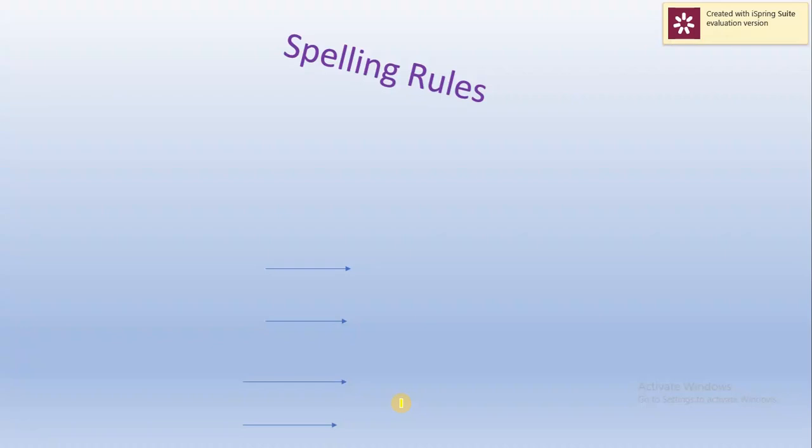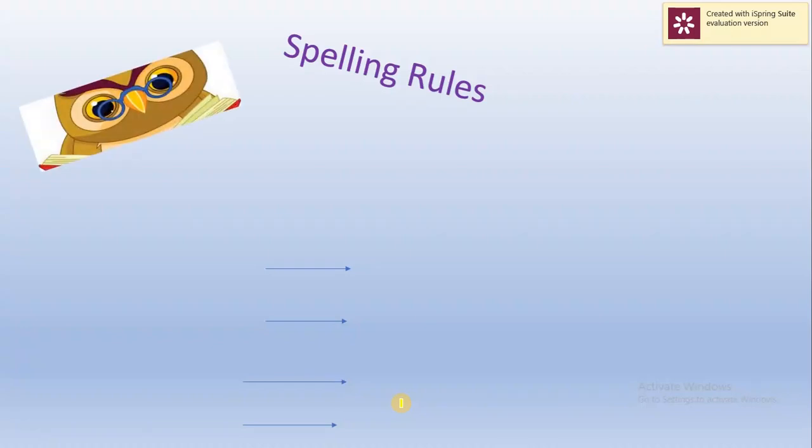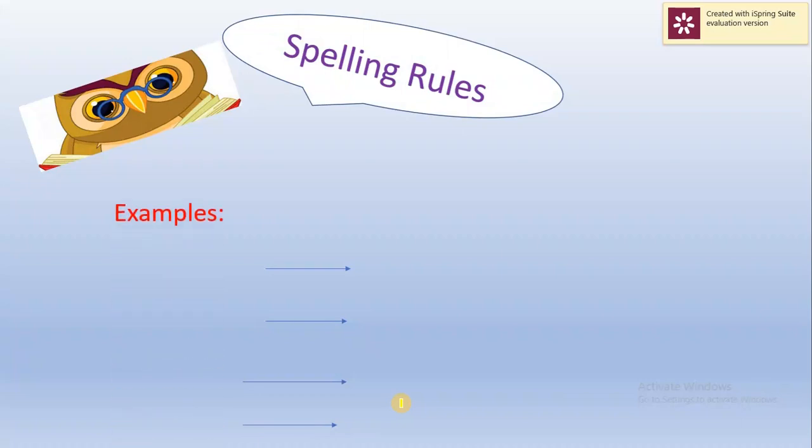Here, let's move to something called spelling rules with this owl. You know what the meaning of owl is? بومة. Okay. They say that the owl is wise, a symbol of wisdom. So this owl is going to give us some spelling rules. Okay. Let's start with the first one. Here we have the verb write.